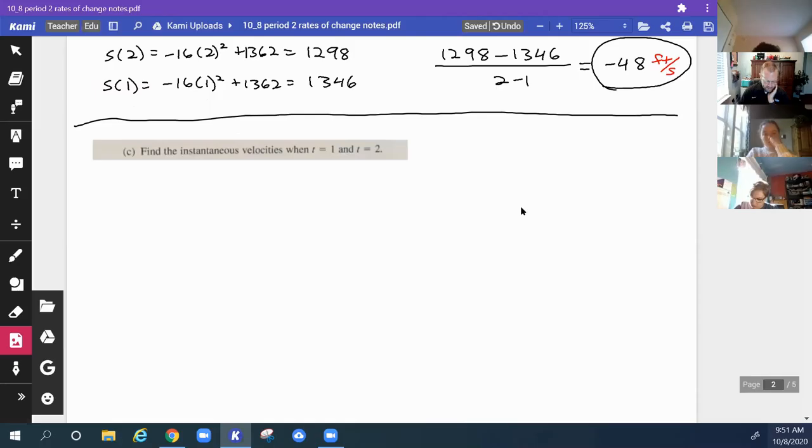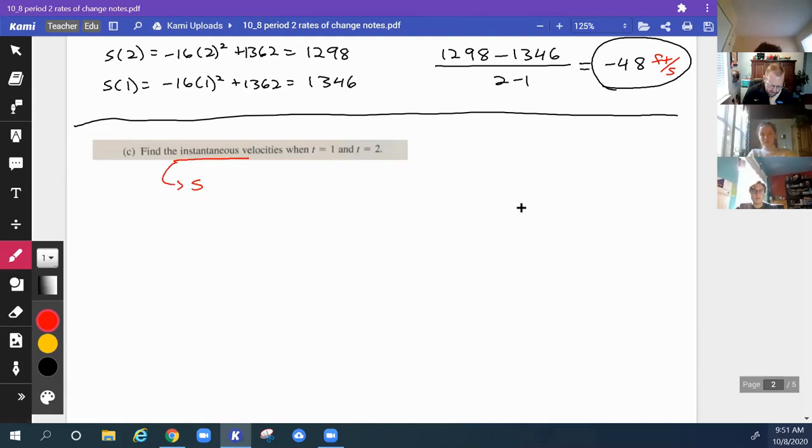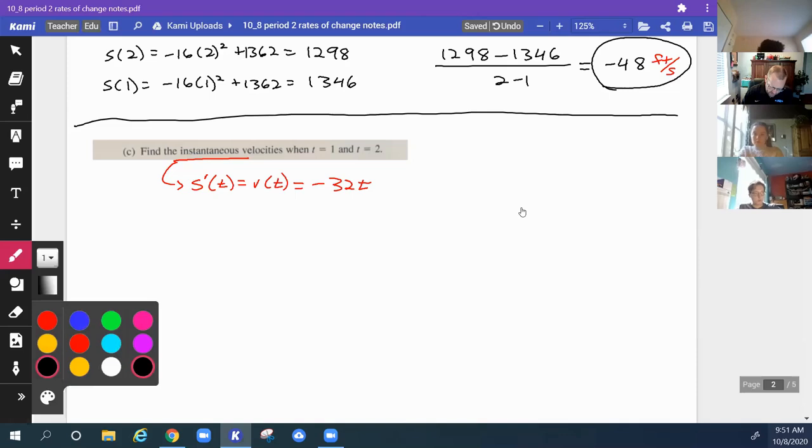So in this case, the keyword is instantaneous velocity. That means I am using s prime of t, which equals v of t. Anytime I see at a time or instantaneous, I'm going to use the equation we calculated earlier, negative 32t. Pretty straightforward.